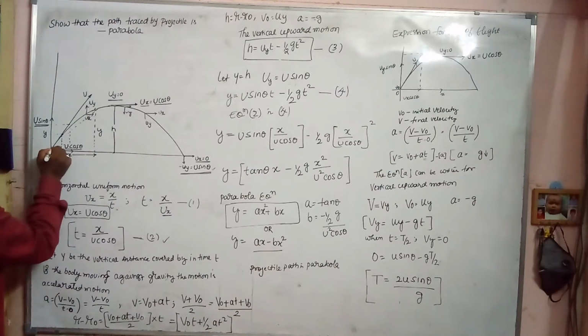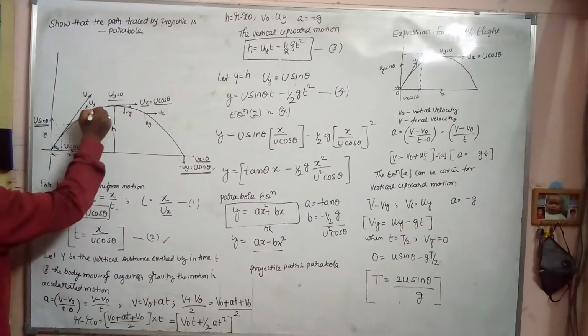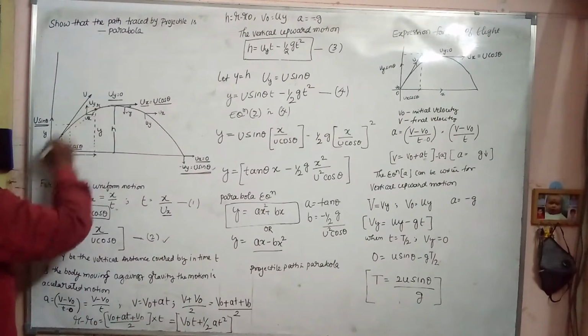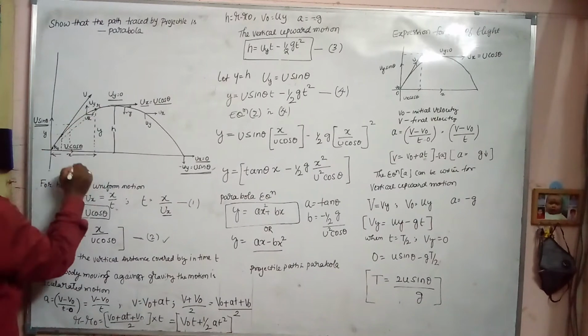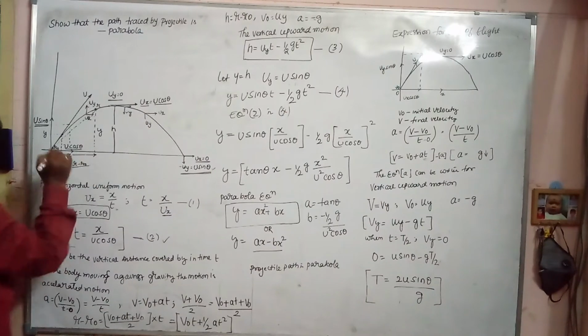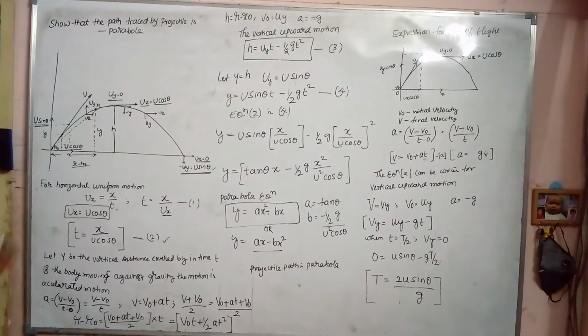I will mark this here as r naught, and here as r. So this distance I can mark like this: r minus r naught. That is the distance the particle moved.